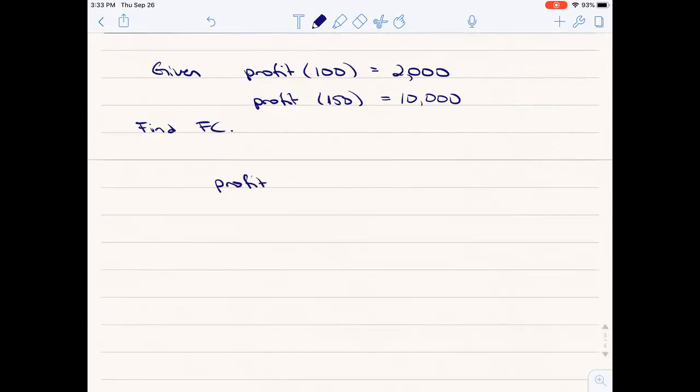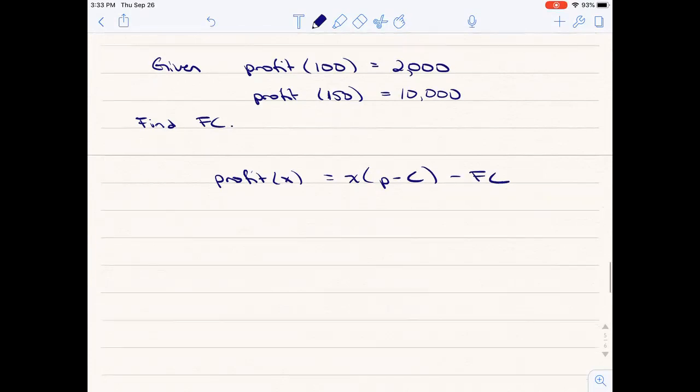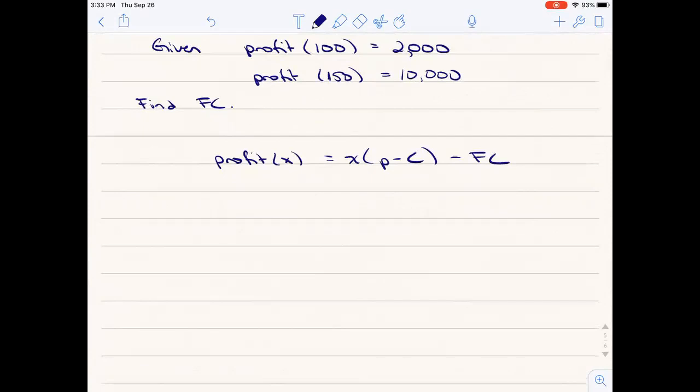So we know that the profit of X in general is X times P minus C minus the fixed costs. The first equation, or the first statement, says that 2,000 is 100 times P minus C minus the fixed costs.